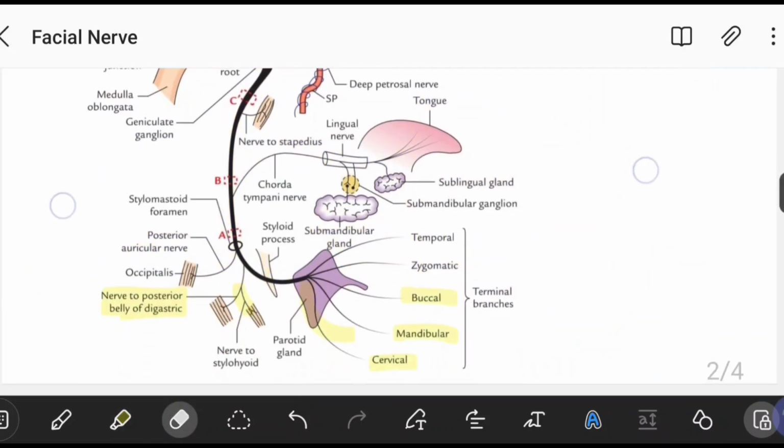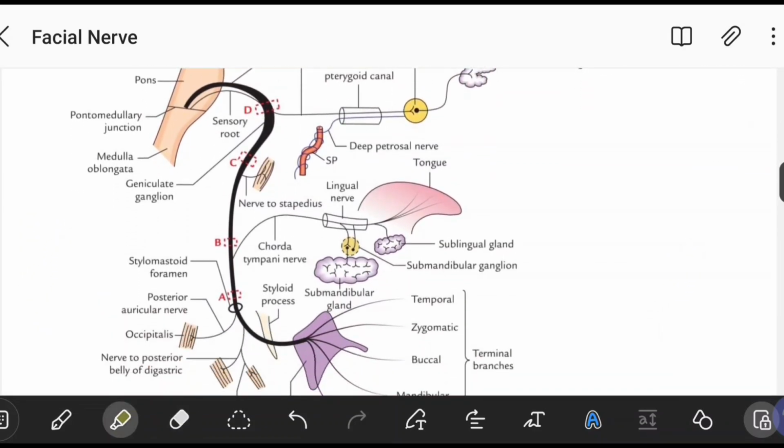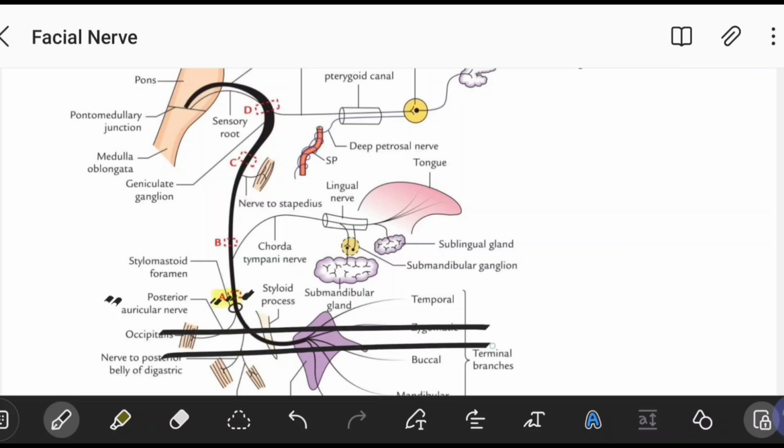So let's divide this lesions topic into four subparts. All the lesions that happen over here, as I said, are lower motor neuron lesions, correct? So we'll start with this particular site written as A. If there is a lesion over here, that means this part of the nerve is sacrificed, correct?